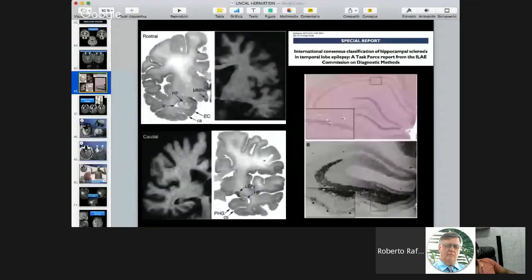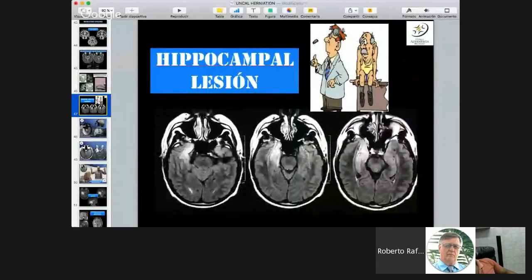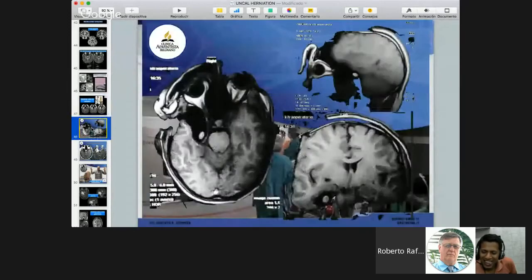For example, this is a hippocampal lesion. We decided to remove it. The patient had refractory temporal epilepsy. We operated with intraoperative MRI.